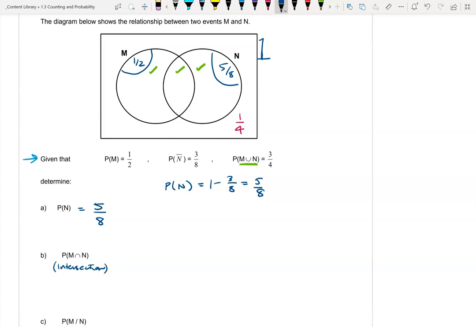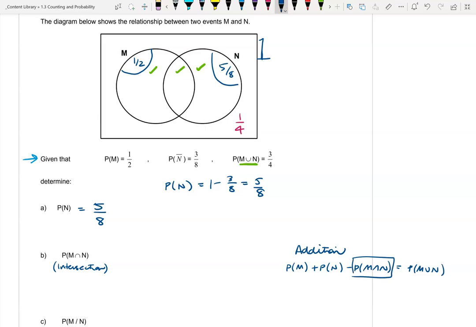Now, because we know the totals and the outside region, we can use that addition rule to work out the center. Because we know that the probability of M plus the probability of N will always give us a little bit too much. So if we take away that intersection, it tells us the union. And we want to find that intersection.